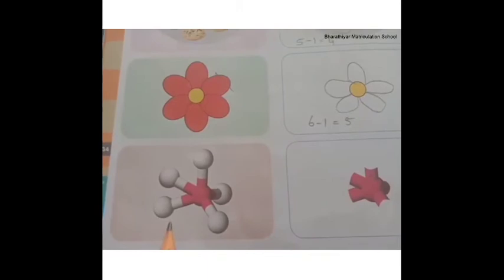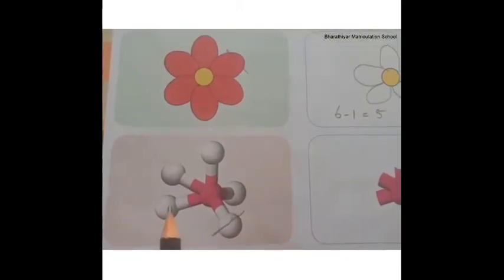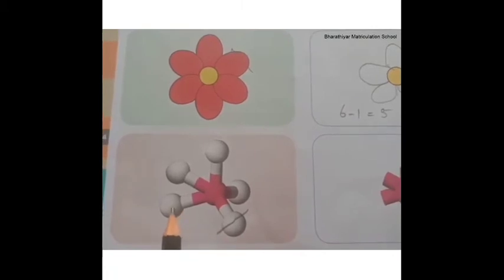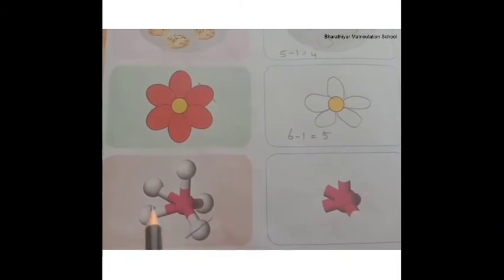So cross out one ball here. Now count the remaining balls. 1, 2, 3, 4. There are 4 balls.